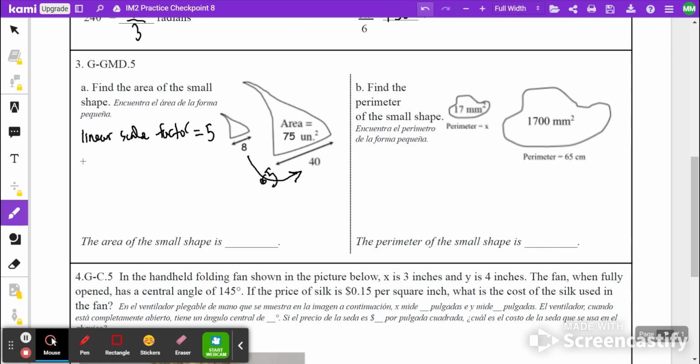So my area scale factor is 5 squared, which is 25. So this area times 25 should equal 75. Well, I happen to know that 3 times 25 is 75, but if you don't, you can do division. That's another way to figure it out. 75 divided by 25 is 3. The area of this small shape has to be 3 square units.